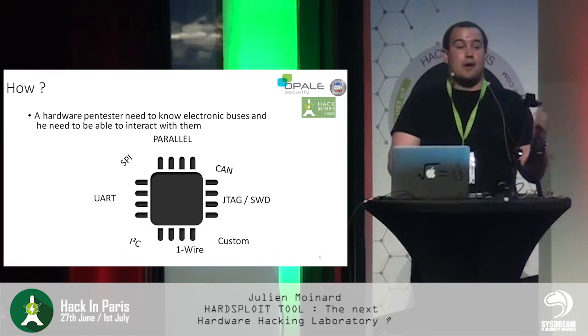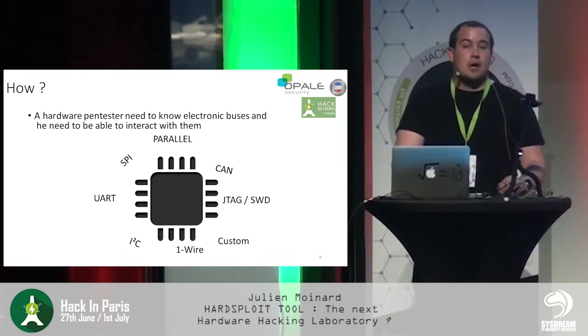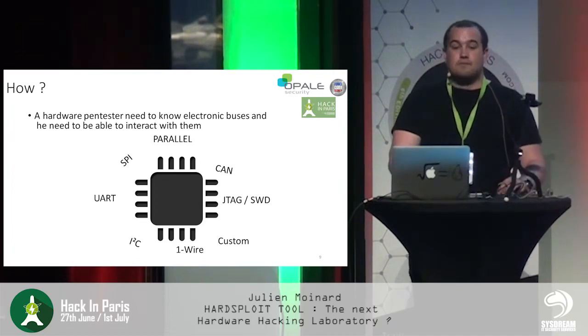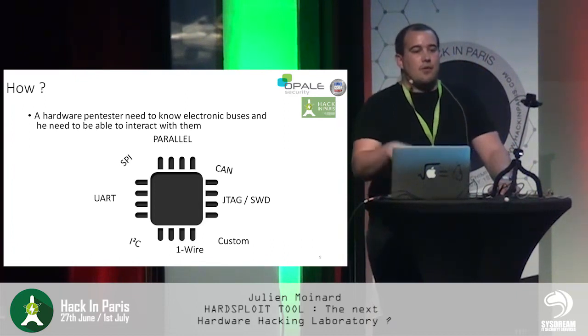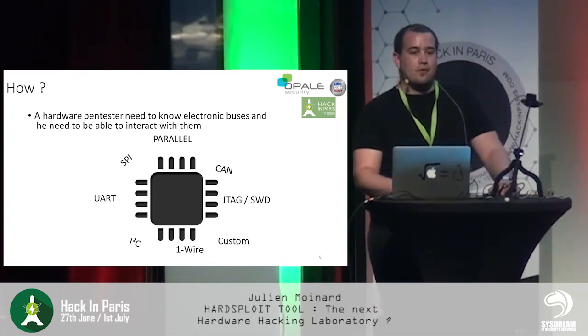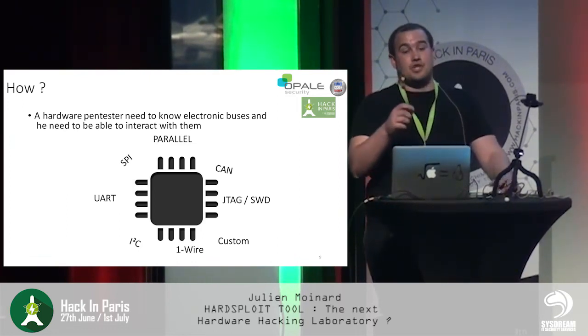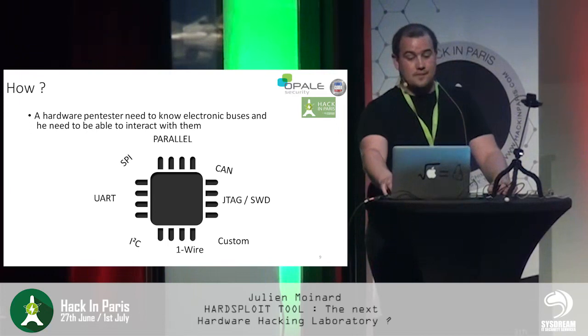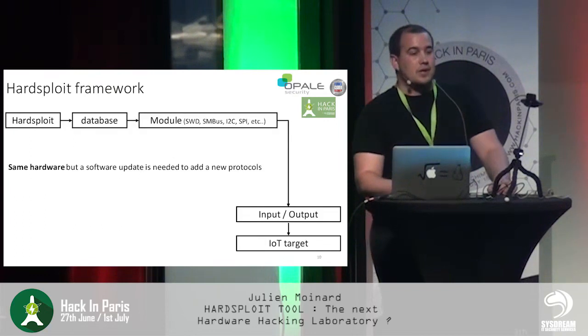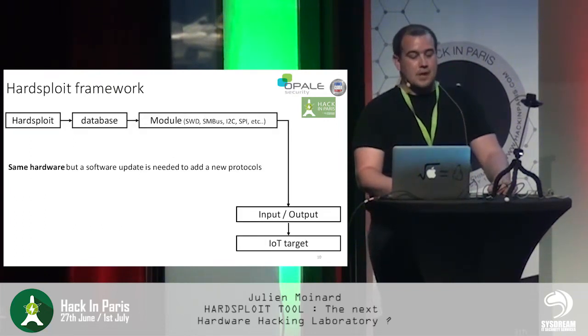And if you have 8 bit or 16 bit buses, you need to add 8 or 16 wires or more. So to be short, it's about 30 or 40 wires to interact with something. Sometimes it's not easy, because if you change just one wire, it doesn't work. So you need to know about that before using a hardware auditing tool.